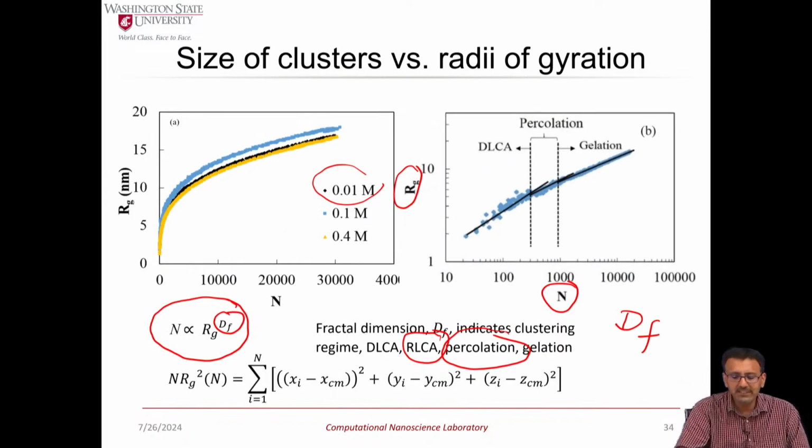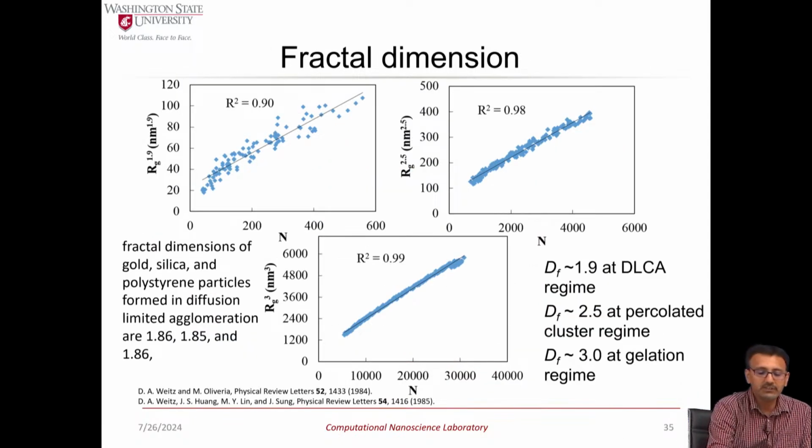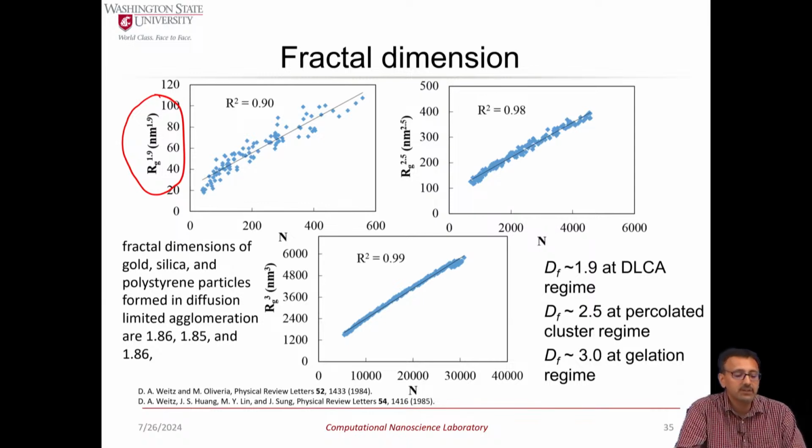So from this fit, we come up with fractal dimensions that are distinct depending on the phase of the aggregation process. It's difficult to see here, but you see 3 different slopes, and those slopes are actually quite different. The first one has a fit of 1.9 as the fractal dimension. If you fit this 1.9 exponent with the size of the cluster, it's not a perfect fit, there is some scatter.